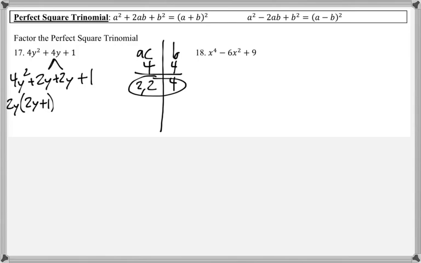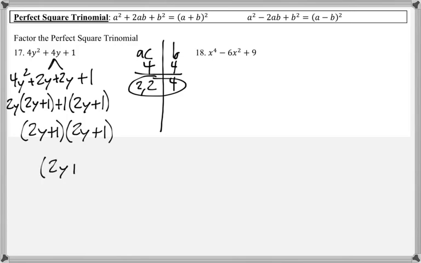They need to match, so I'm just going to put my own 1 and write it like that, so that I can complete the factor by grouping. You'll notice that they are the same factor. So I can write this as 2y plus 1 squared, because there are 2 of them.